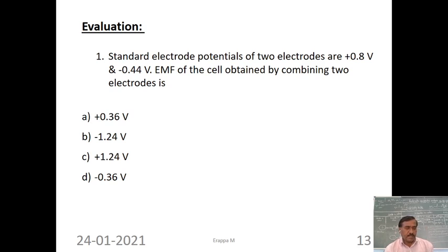The options are: A is plus 0.36 volts, B is minus 1.24 volts, C is plus 1.24 volts, D is minus 0.36 volts. E of right minus E of left. So the answer is C, plus 1.24 volts.